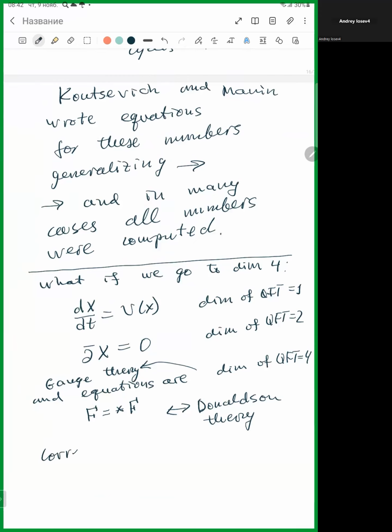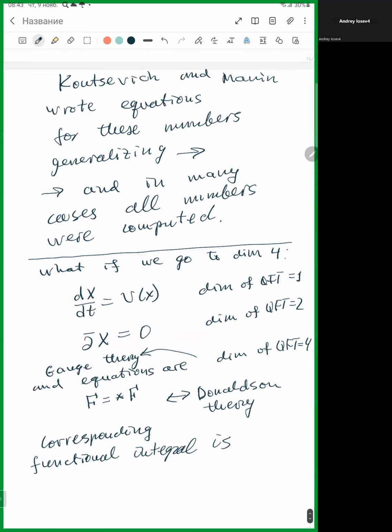And corresponding functional integral is plus fermions that turns out to be n equals 2 super Yang-Mills theory.